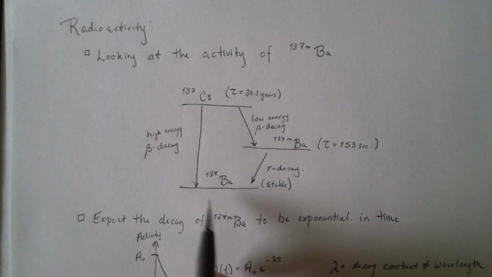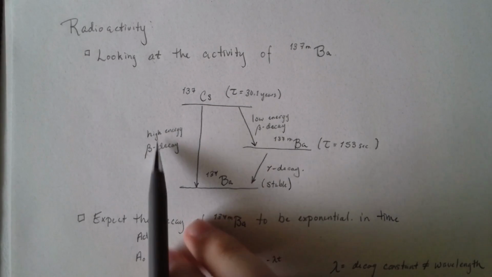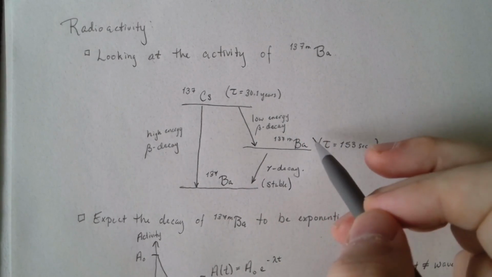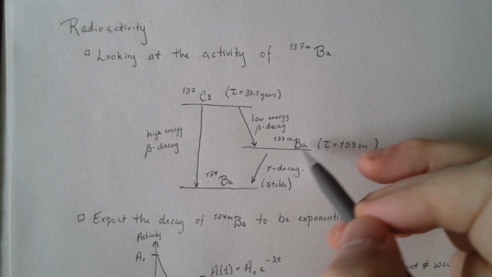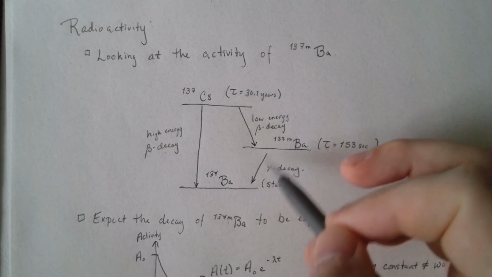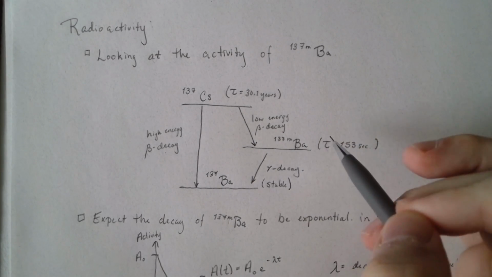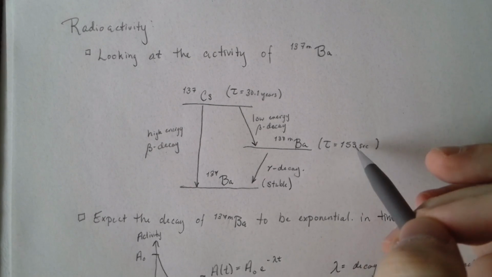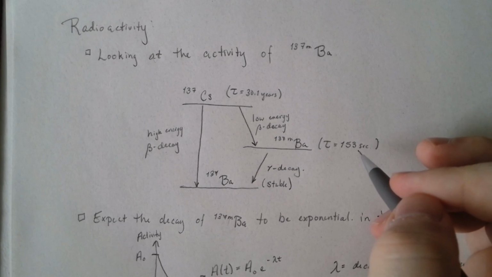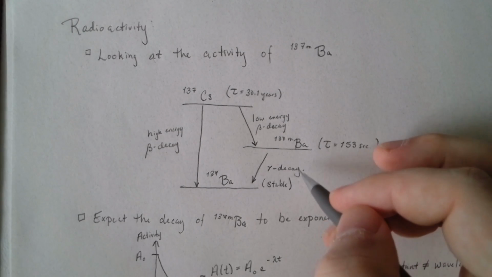It can just go right to the stable barium-137 by emitting basically a high energy electron, or it can go through the second channel of barium-137M by emitting a low energy electron, and then at that state this will kind of remain there for about 153 seconds. This will be your theoretical half-life that you'll compare to when we go and try and find that from the data.